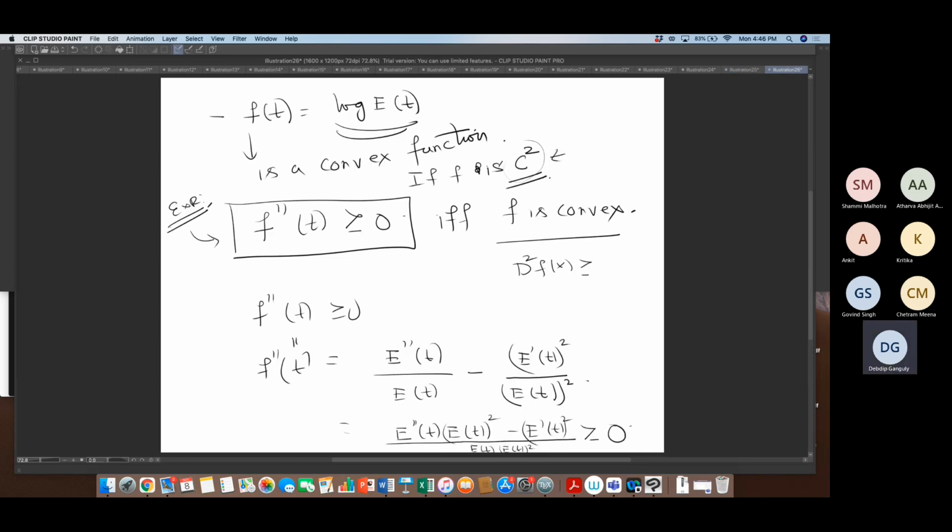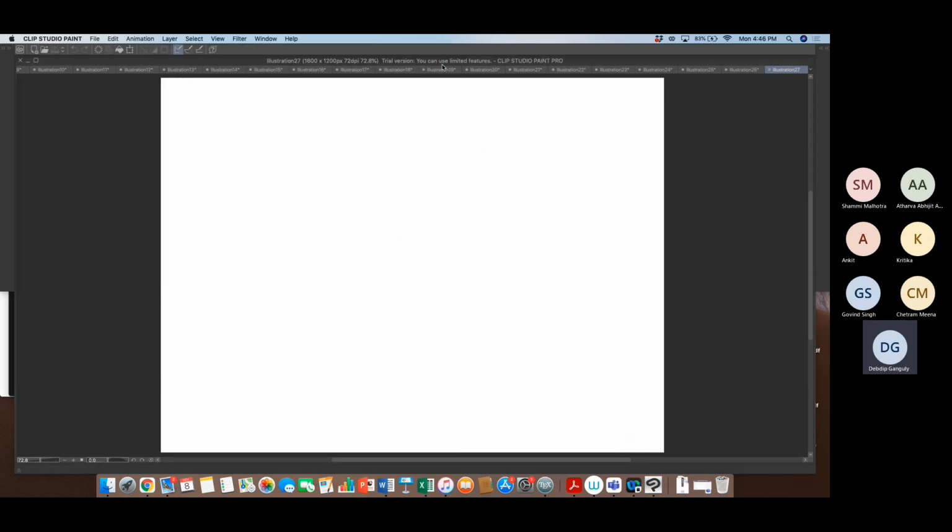And e t is always positive, and e t squared is always there. So it is greater than or equal to 0. So yes, greater than or equal to 0. So this f of t is a log convex function. Once you have a log convex function, you can use this: t going to log e of t is a convex function.